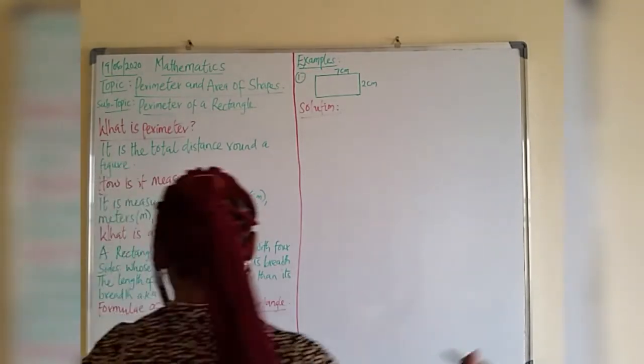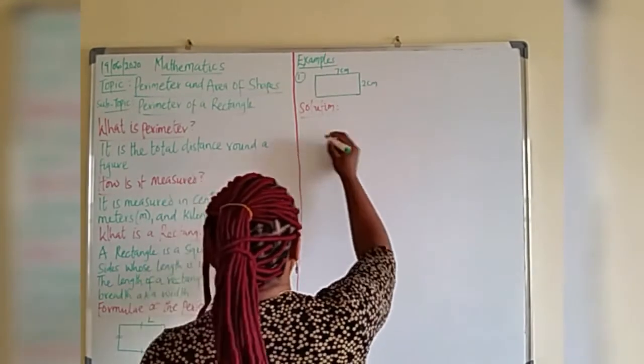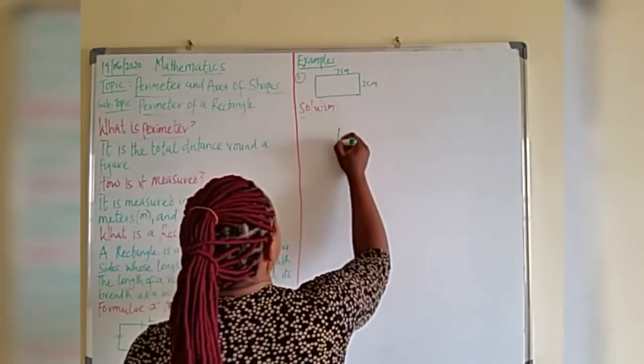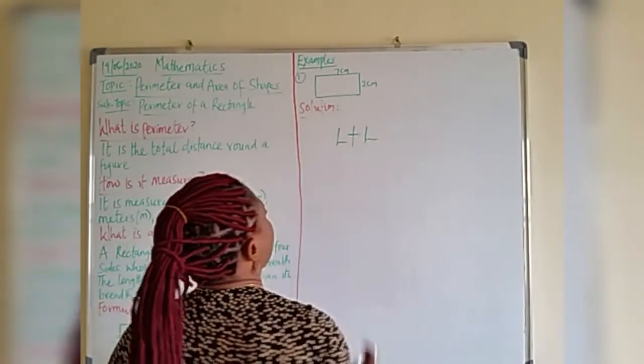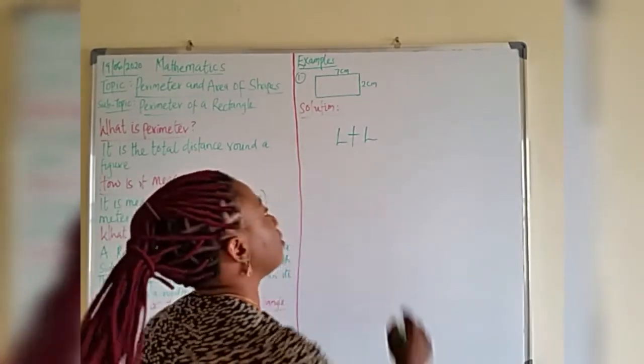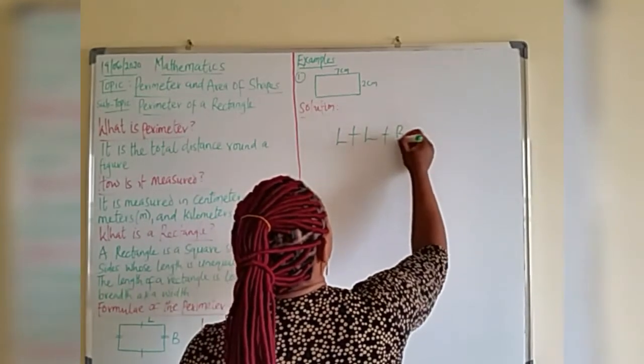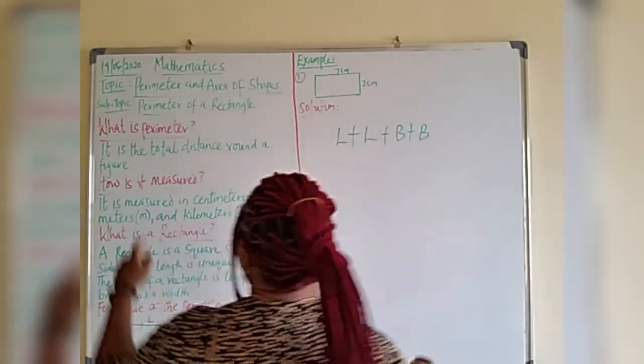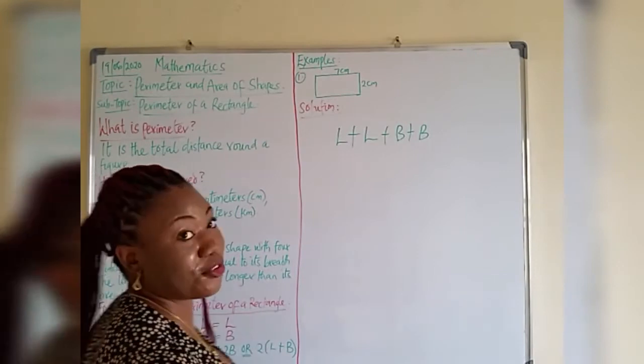We are told that the length, remember that a rectangle has two lengths, right? Length plus length, plus breadth plus breadth. Why? Because we're told it's the total distance round the figure.